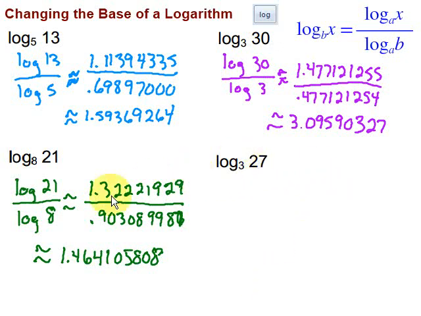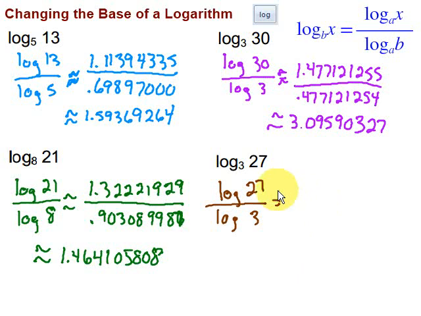Now, let's try this last one, and I kind of put a little trick in here, or a little secret for this one, to see how close we come out. So again, to change those bases, we'll go log of 27 over the log of 3. Log of 27, well, figure out what that is here.